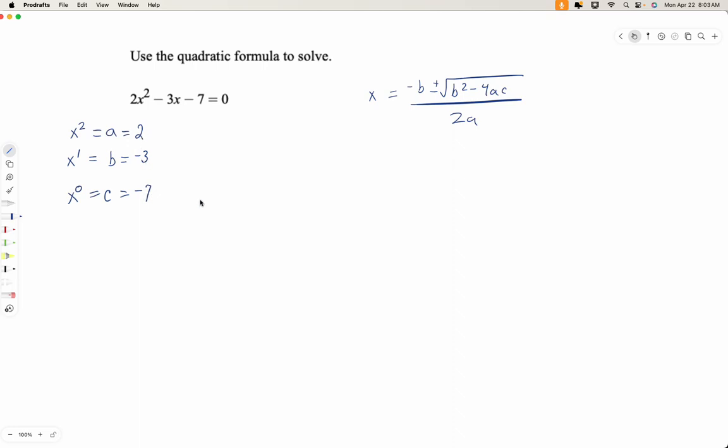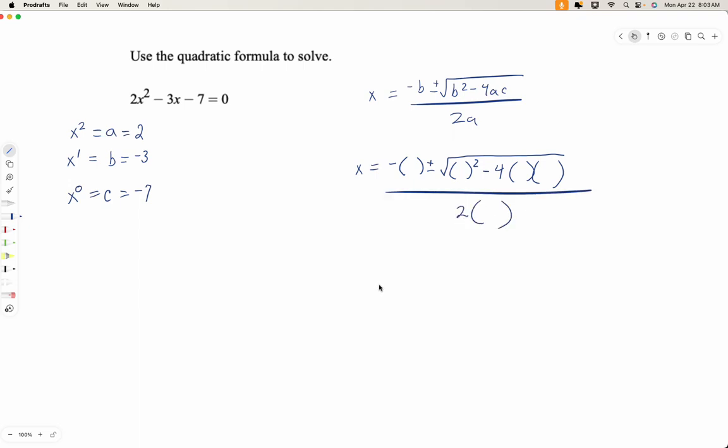So a, b, c. So we drop them in. We make buckets. We would have negative, and then you have b, plus or minus. You just make a bucket where the letter is. You don't try to include the stuff around it until after. So here's b squared minus 4 times a times c over 2 times a.